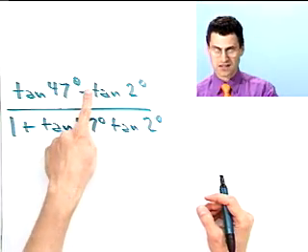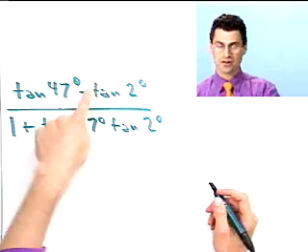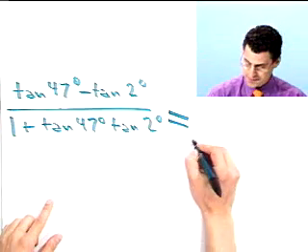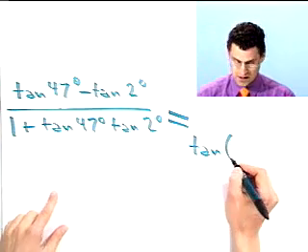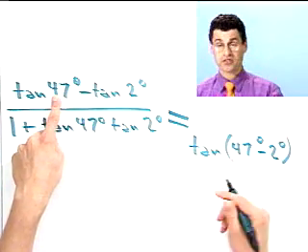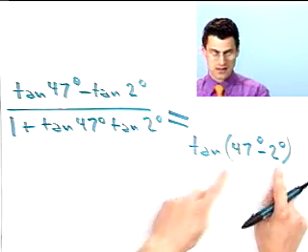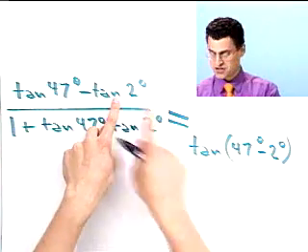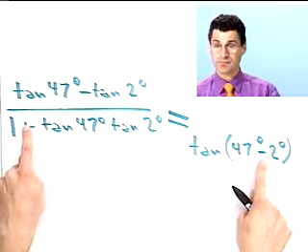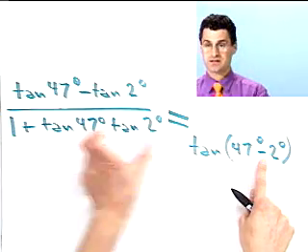Since that's a negative sign, this must be the difference of angles. So immediately, without even sweating, you report that's exactly the tangent of 47 degrees minus 2 degrees. Because remember, the formula for the tangent of a difference is the tangent of one minus the tangent of the second, divided by 1, and then you switch the sign, so plus the product of the tangents.